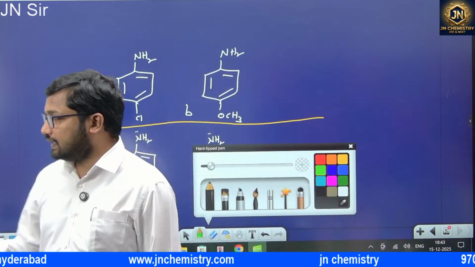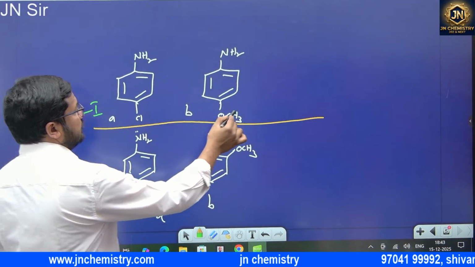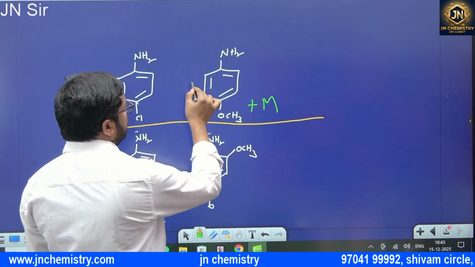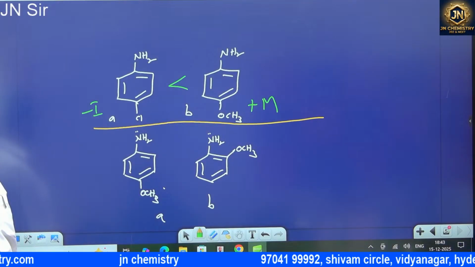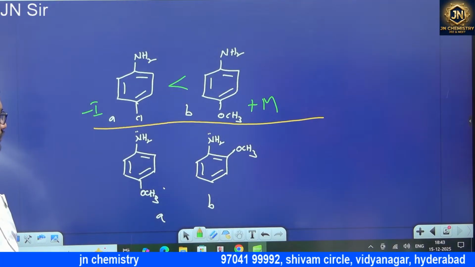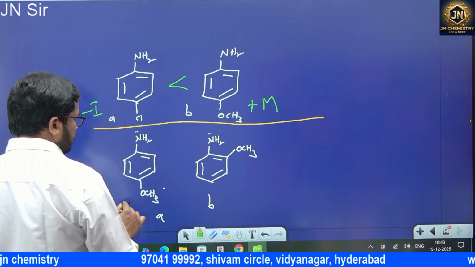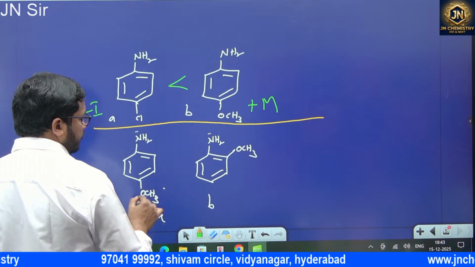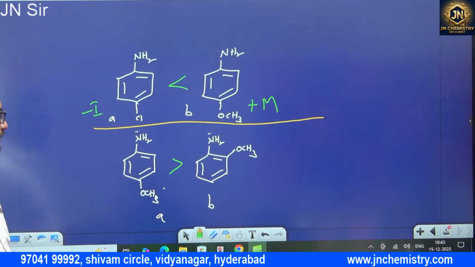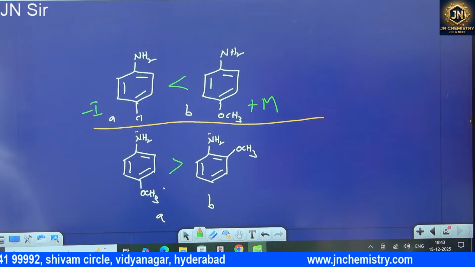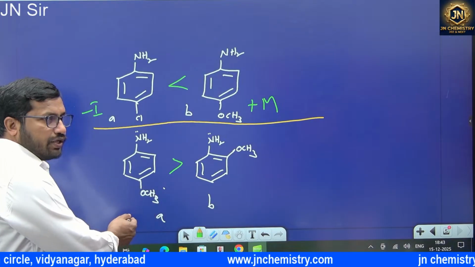This is minus I nature. This is minus I nature. This is plus M nature. So B, A less than B or B greater than A. Both are same, right? In this case, so ortho effect and everything. So A is greater than B. Both are plus M, ortho is equal to plus, but minus I should be far away.